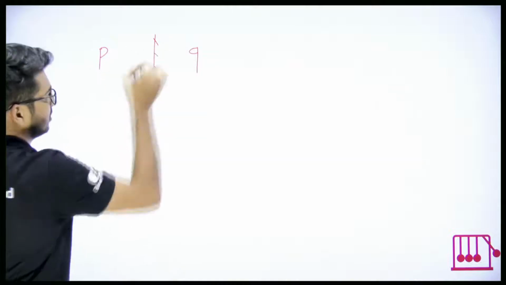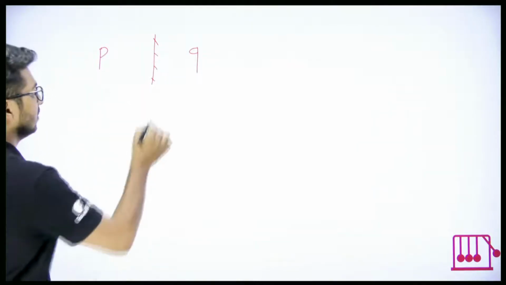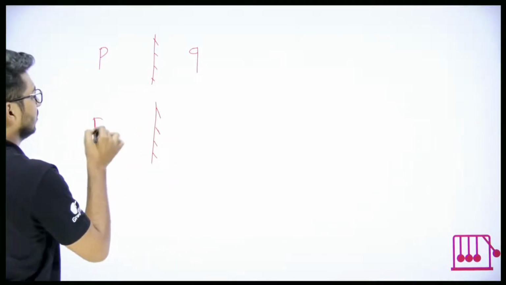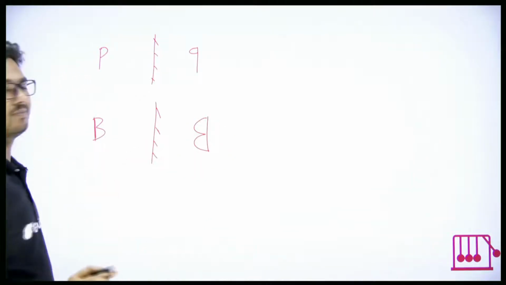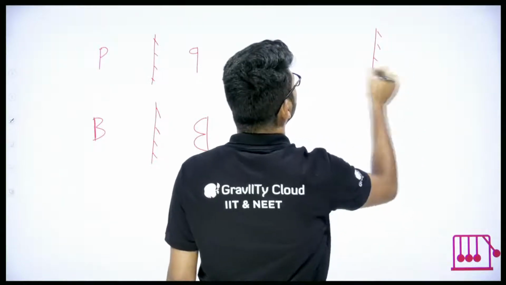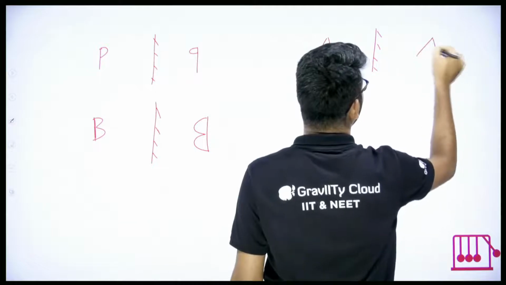They are facing each other. So are they the same? They are not the same. Then we'll go with B. B will be something like this. Are they same? Not same. Then I'll go with A. Now A will be the same.